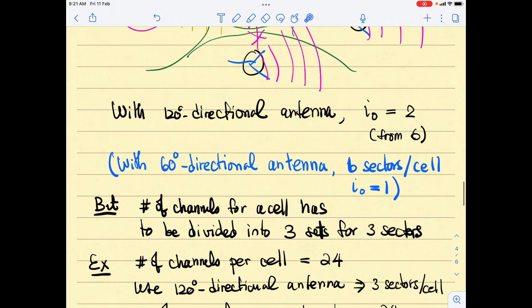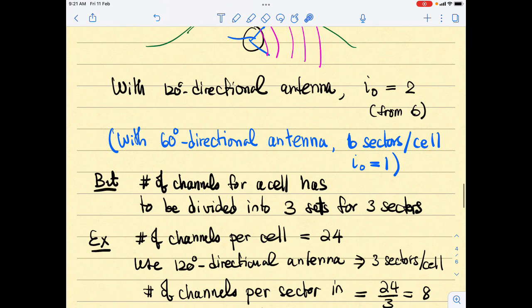So if we assume that we use a 120 directional antenna or 3 sectors per cell, the number of channels for a cell has to be divided into 3 sets for the 3 sectors.